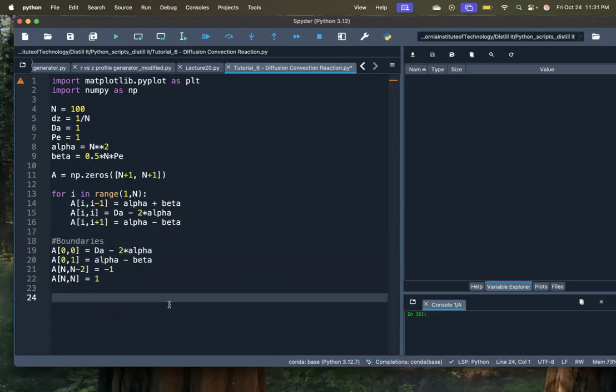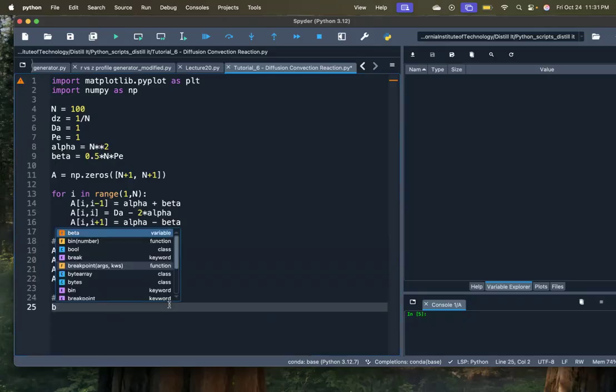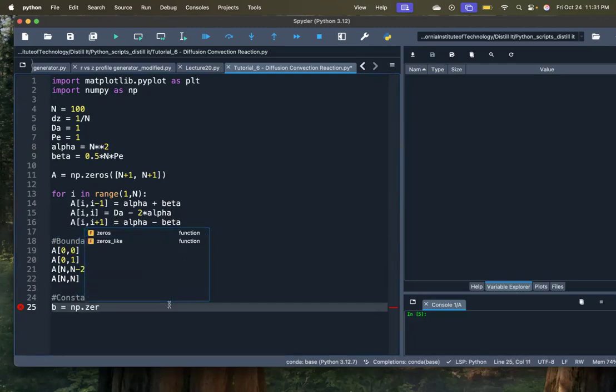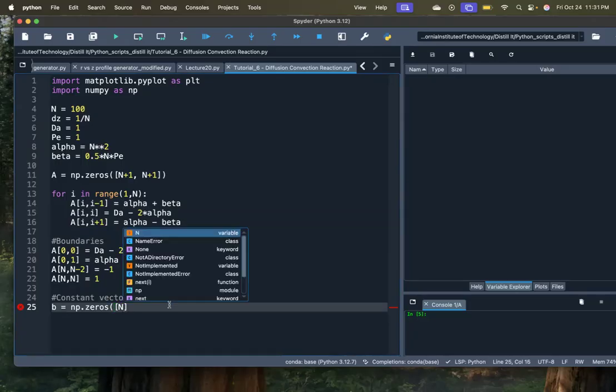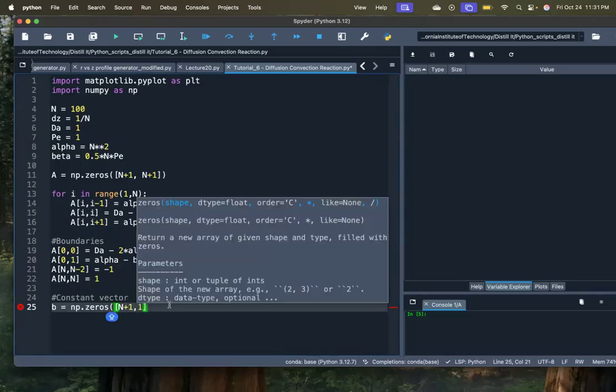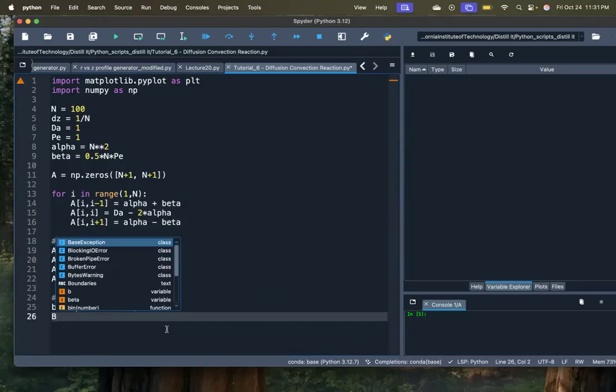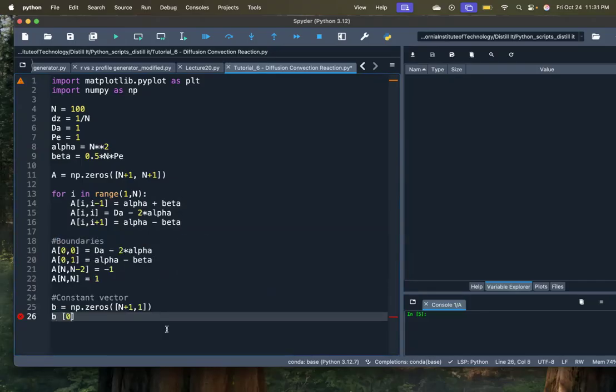Now let's go ahead and try to formulate the constant vector. So once again, B is equal to np.zeros, n plus 1 comma 1. And we'll say B0 in this case is minus alpha plus beta.